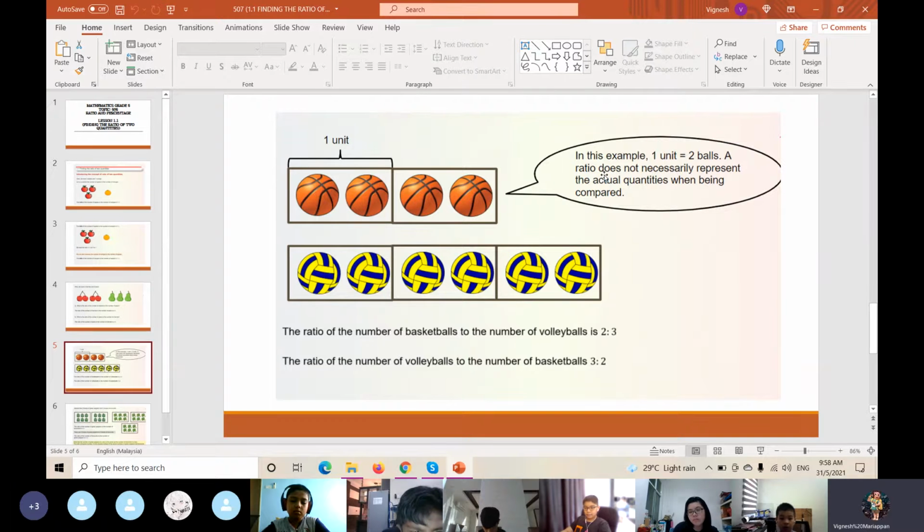Okay, class. The basketballs, we have 4 balls. Teacher said 1 unit is equals to 2 balls. And then here 1 more unit is 2 more balls. So total how many units for basketballs? Class?